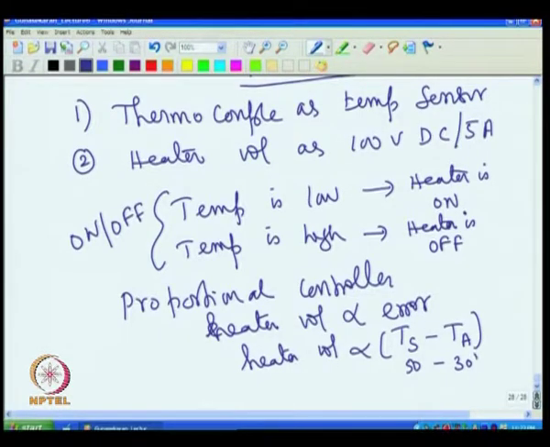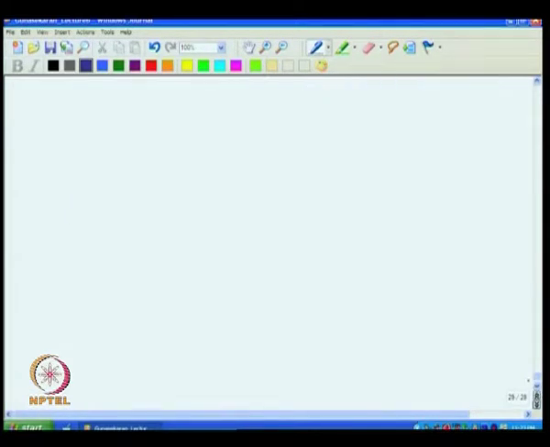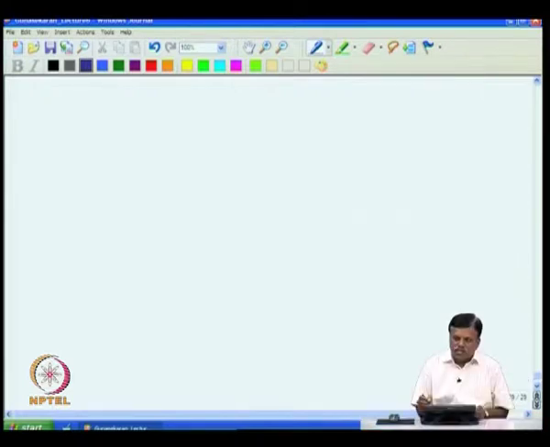So, the heater voltage is no more on or off; it will be somewhere between on and off. That is, if you have 100 volt as the heater voltage, depending upon the error the heater voltage can be anywhere from 0 to 100 volt. So, the heater voltage is basically proportional to the difference between the set temperature and the actual temperature.